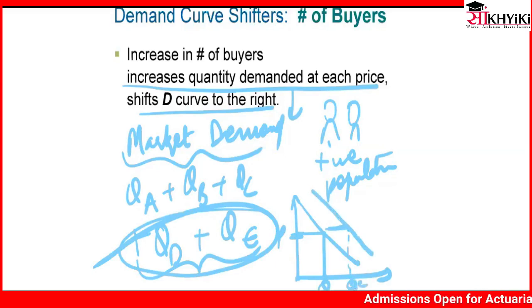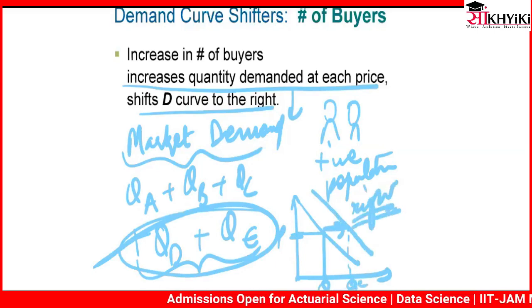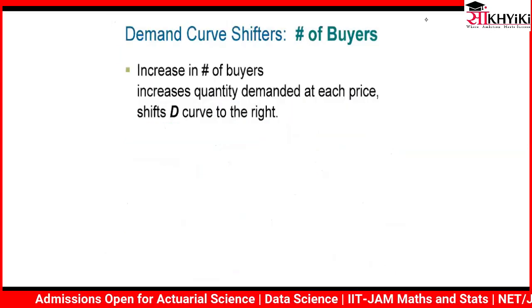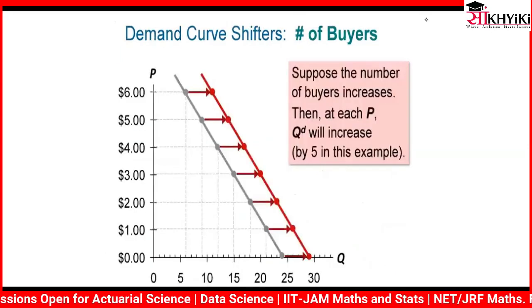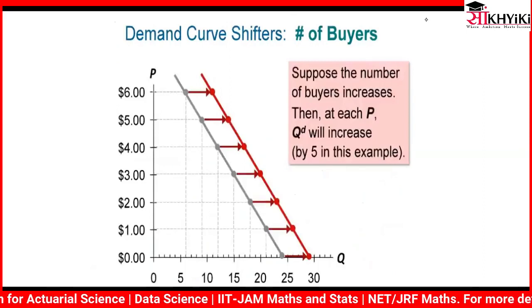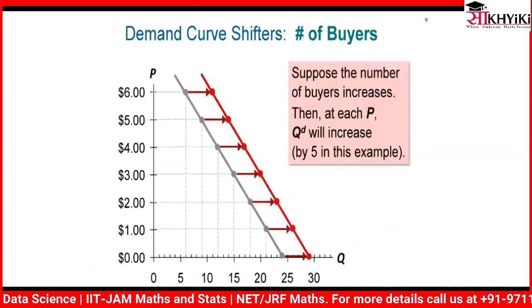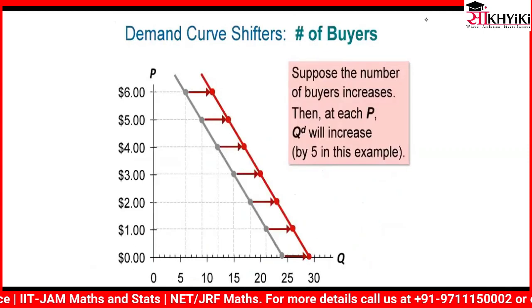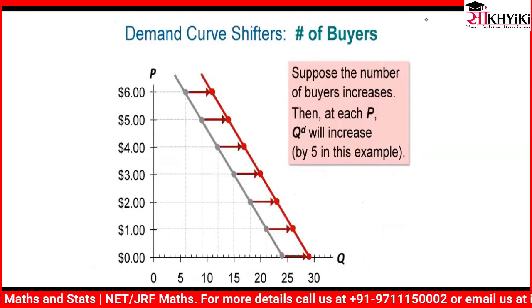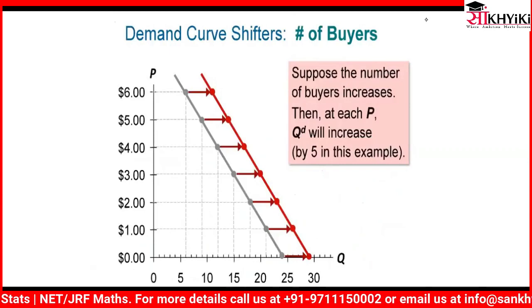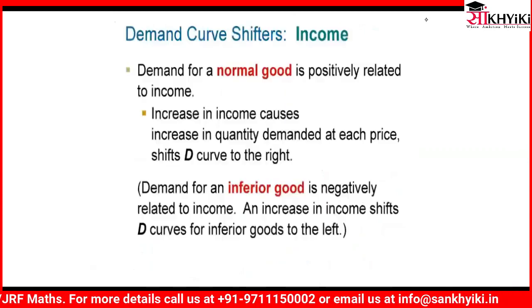So the demand is going to shift and the demand curve shifts to the right. This is how a typical graph looks. When there is an increase in the number of buyers, total demand increases. So at any given price, the demand curve shifts to the right.